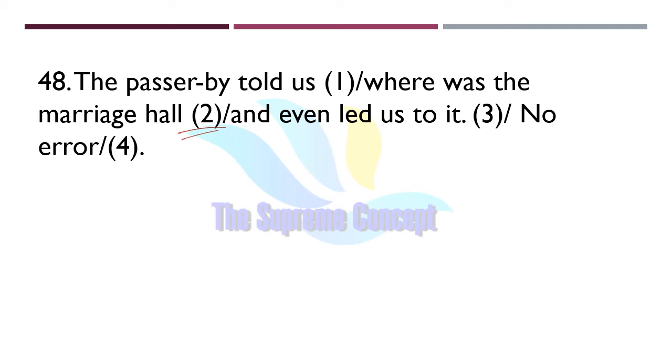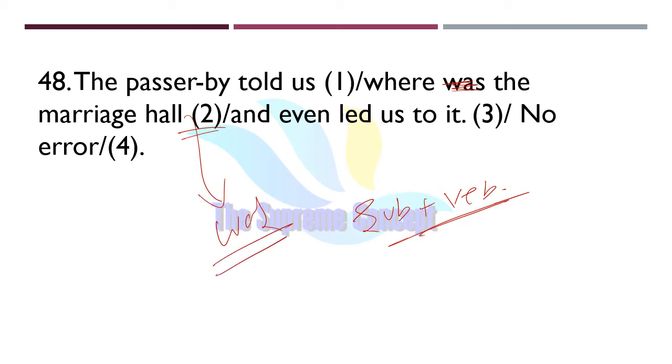So we will use the subject first, and after that the verb. Instead of "where was the marriage hall", we will use "where the marriage hall was".